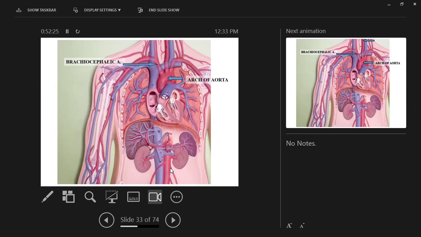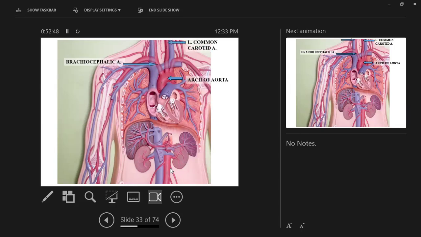And what we're seeing here is just what happens with the brachiocephalic artery. It's about an inch long, and then it splits and gives you the right common carotid and the right subclavian almost instantly. So it has the distinction of being the shortest major artery in the body.